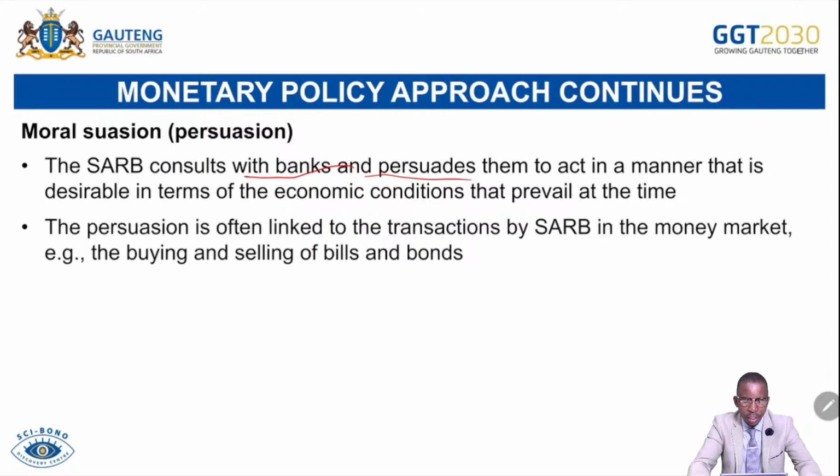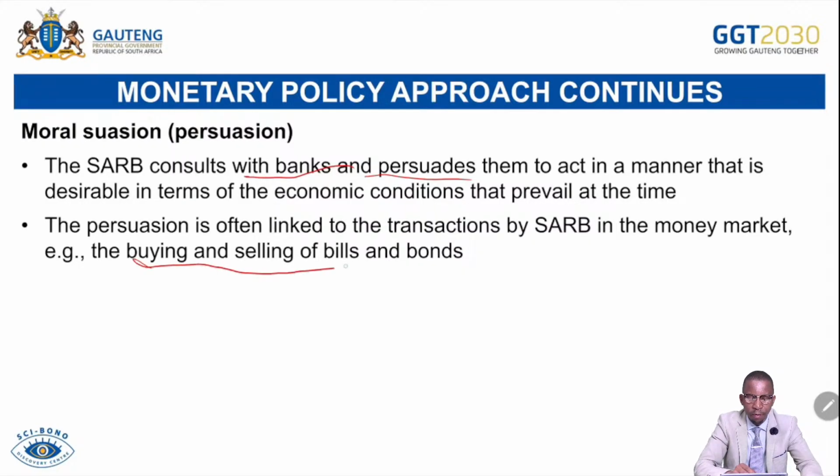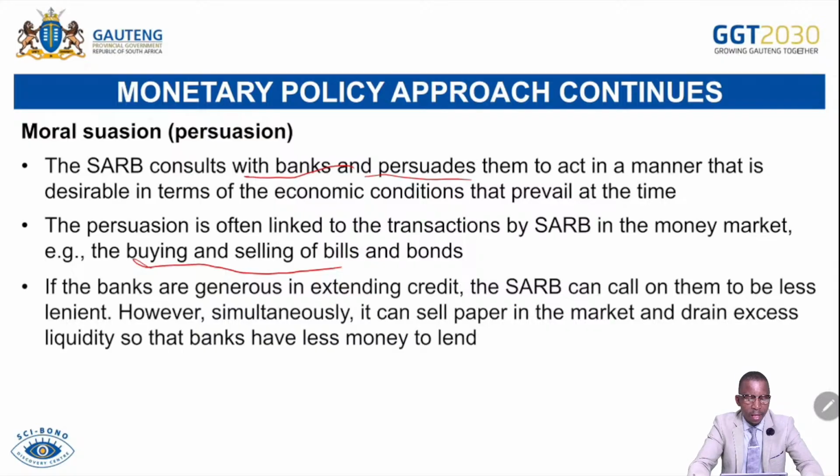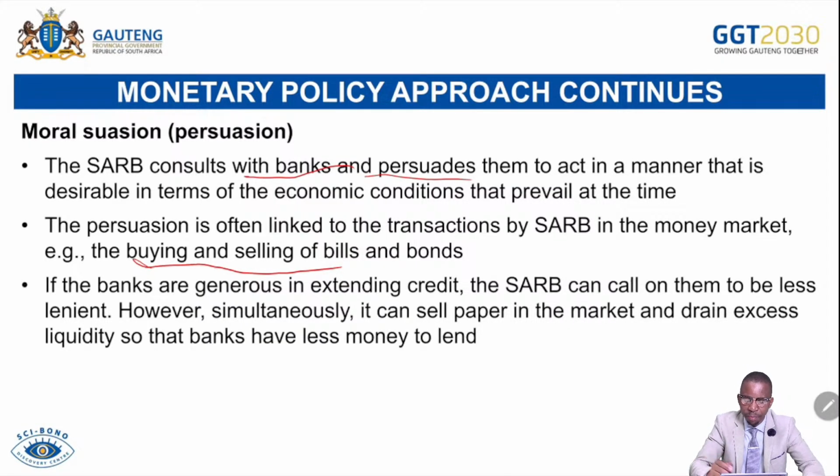The persuasion is often linked to transactions by the SARB in the money market, e.g., the buying and selling of bills and bonds. If the banks are generous in extending credit, the Reserve Bank can call on them to be less lenient. However, simultaneously, it can sell paper in the market and drain excess liquidity so that banks have less money.